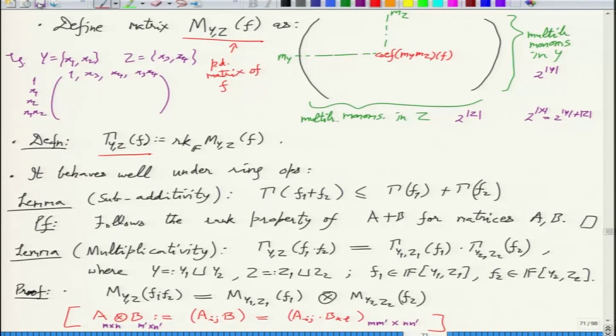Yeah, this is a weird construction. You may be ready to accept addition of matrices and multiplication of matrices, but may reject this definition of tensor product. The simplest way to motivate this is when you look at a polynomial ring with one variable and go to two variables, what happens?